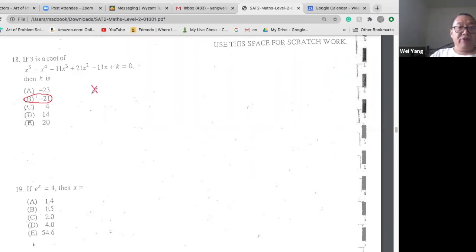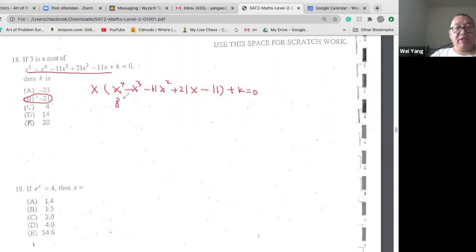We can take this common factor x from here, get x to the power 4, minus x to the power 3, minus 11x squared plus 21x minus 11. This one plus k will equal 0. Then you can calculate.